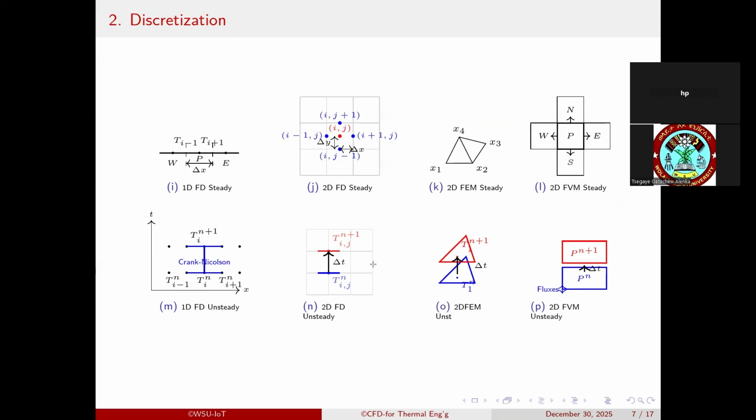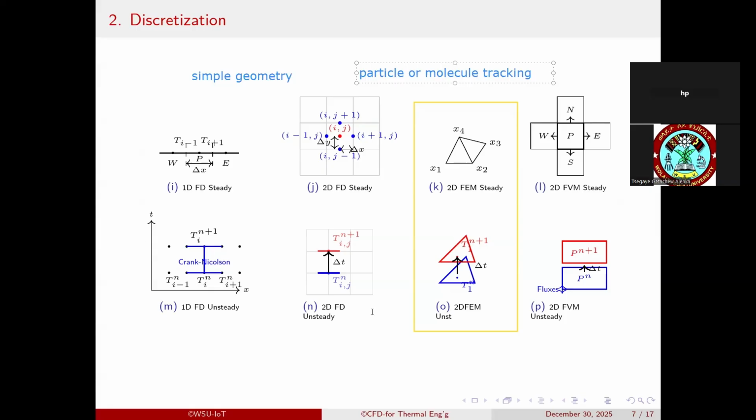On the contrary, finite element method, FEM, in subfigure K for steady and subfigure O for transient, involves attempts to track these variations in space with time, for specific substance molecules instead of fixed quantities.